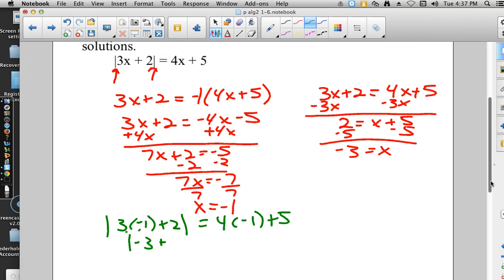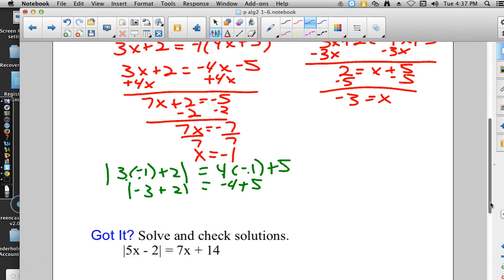Absolute value of negative 3 plus 2 equals 4 times negative 1 is negative 4 plus 5. Okay, so the absolute value of negative 3 plus 2 is negative 1, and negative 4 plus 5 is 1. Is the absolute value of negative 1 equal to 1? Well, yeah, absolute value of negative 1 is 1. Cool, one of our answers works for certain, and that is the negative 1. That answer is definitely going to work.